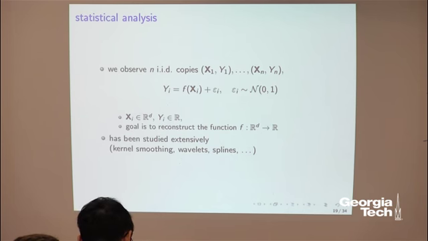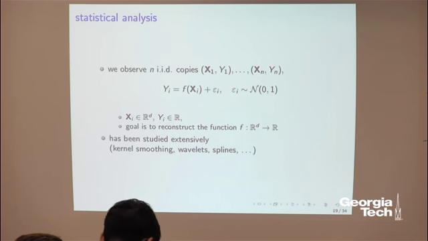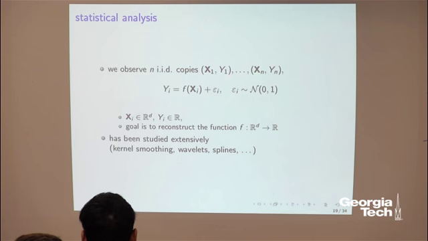For the non-parametric regression model, you get n observations. They are IID, and you get n inputs, x1 to xn, which you stick into your model, and then you get real valued responses, y1 to yn. The statistical model tells you how the inputs and the outputs are connected.